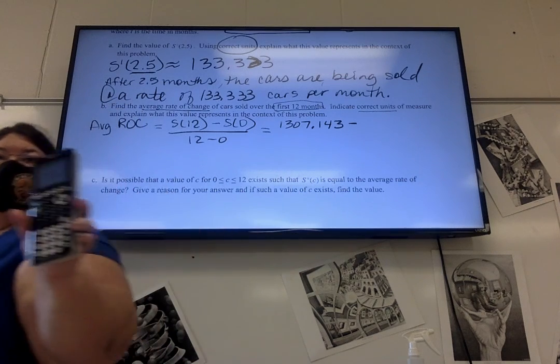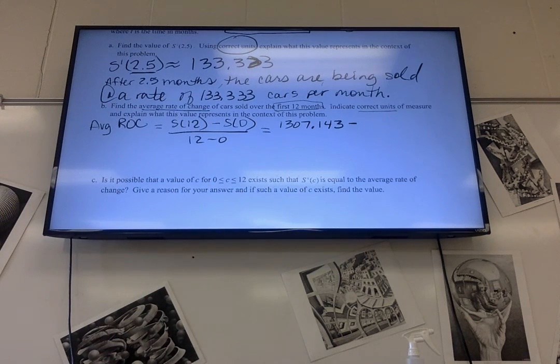Then you just click this button minus this, over 12. So I can cursor up and hit enter on the 1307 minus 150, divided by 12, 96.429.